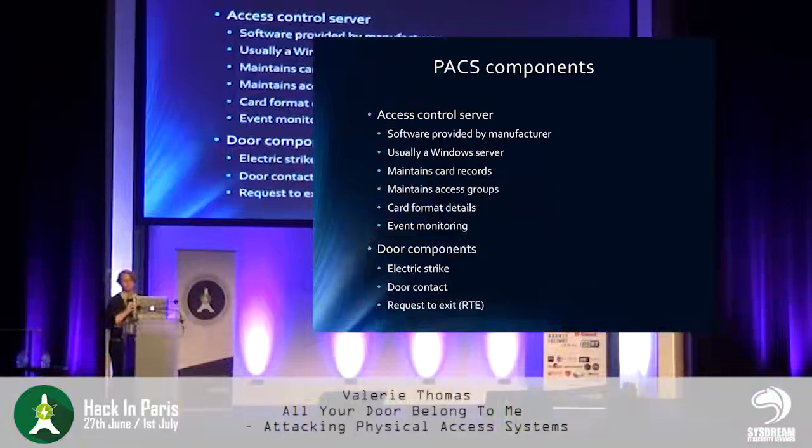So the rest of the pieces, right, because it doesn't stop once we present our card to the reader. When we present our card, the reader provides power, and that's how the chip is powered on so that the data can be read and exchanged between the card and the reader. But on the back side of that reader, we have quite a few things. We have a door controller that's a single board computer. It's not very intelligent.